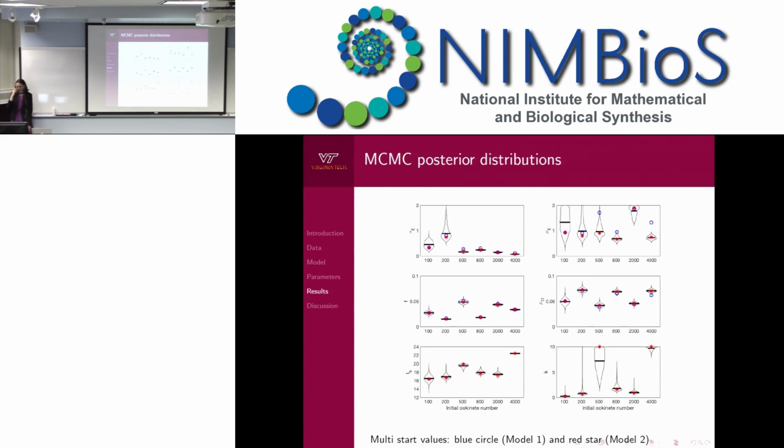And if we go back and look at it, actually, every other value that we're looking at here is with one experiment. So 100 ookinetes, 500, and 2,000 were all with a single experiment, and 200, 800, and 4,000 were with the other set of experiments. So we're actually fitting something that's likely related to the experimental conditions, but not captured in a way, which we thought was really interesting.